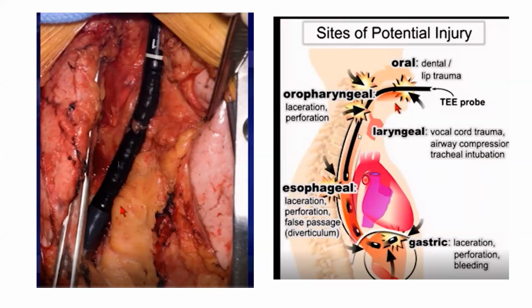If you have any resistance at any point, stop the procedure, because sometimes there might be a diverticulum, or a tumor, or an obstruction at any point here. It can cause a laceration and perforation. And there are reported cases, very rare, of perforation of the esophagus.